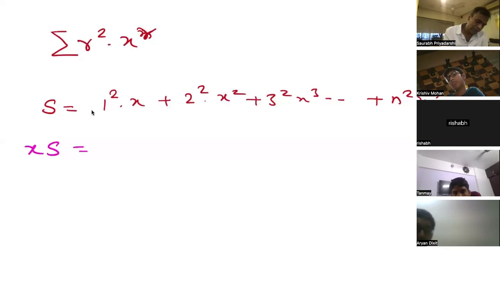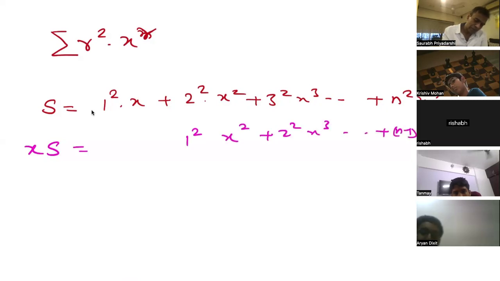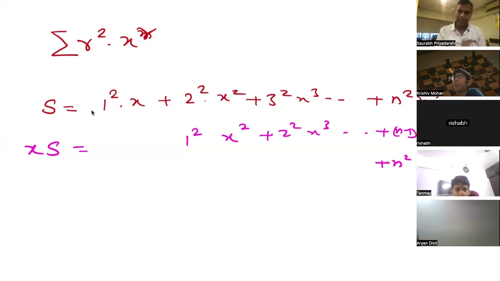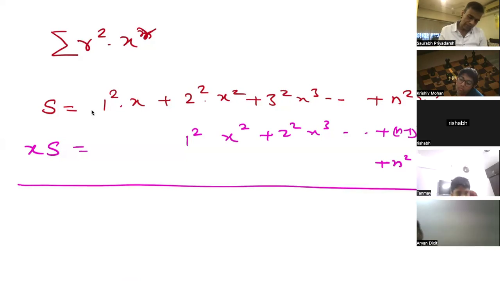Again, you have to do the same thing. S into x is equal to 1 square x square plus 2 square x cube up to n minus 1 whole square x to the power n plus n square x to the power n plus 1. Is this okay? We are multiplying with x and just writing the same thing. Subtract.